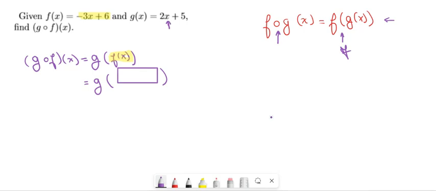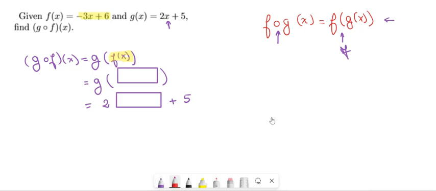So this is going to be equal to 2, and instead of writing x, you write down the box and then plus 5. If I have x squared, I'm going to do box squared. If I have more x's there, every time I see the x, I draw a box in there.